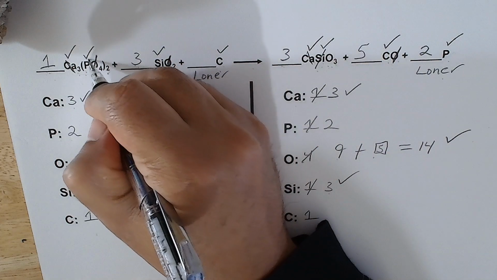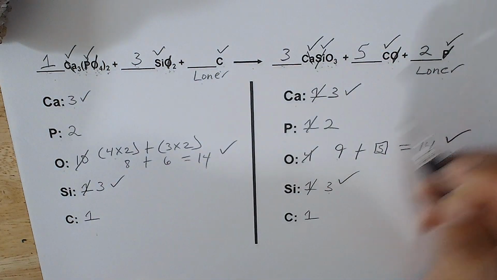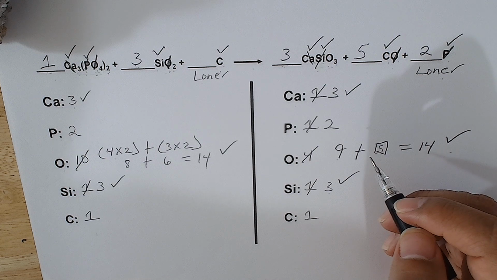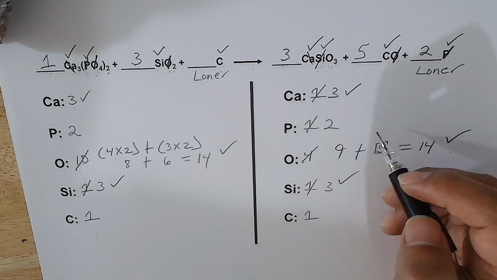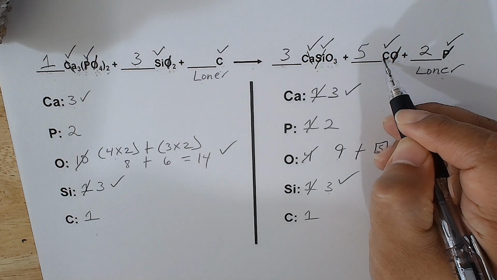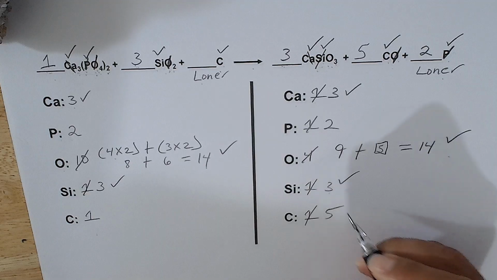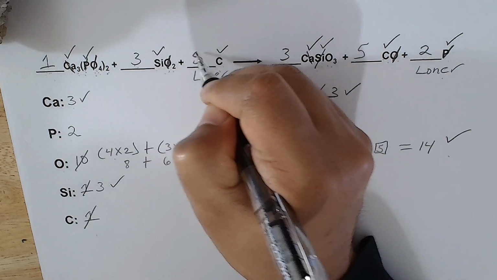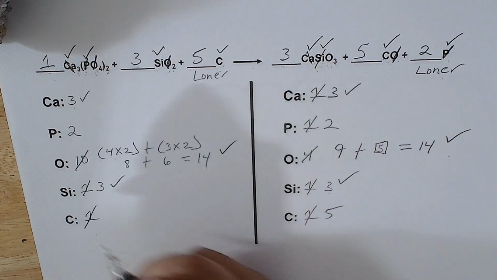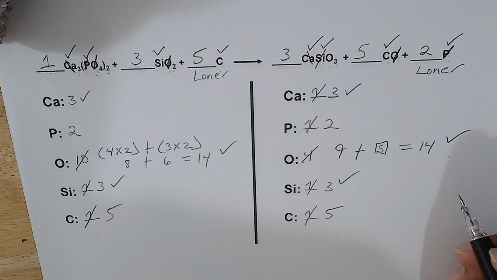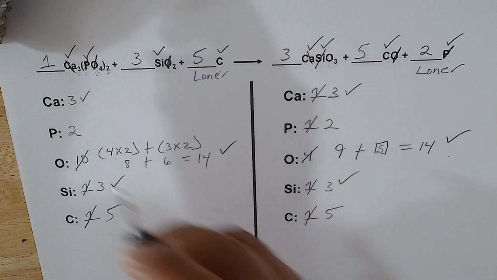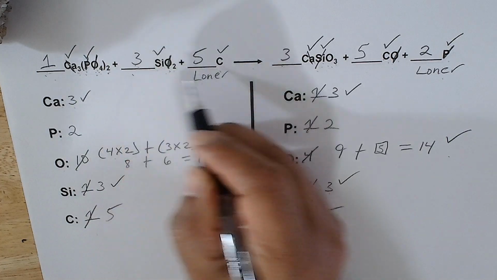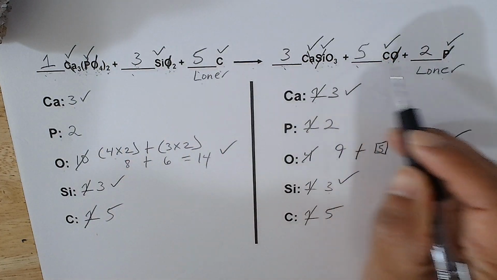So my phosphorus is closed on both sides. Now, I know I have 5 carbons, and then I can come over here to the reactant side and write a coefficient of 5. And at this point, everything is balanced. 1, 3, 5, 3, 5, and 2.